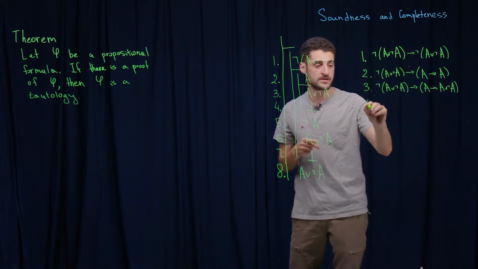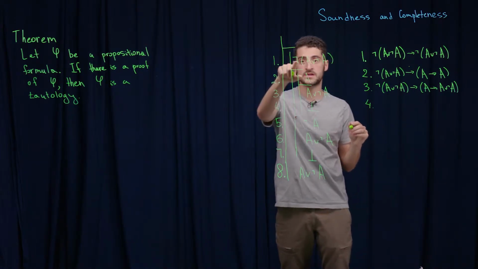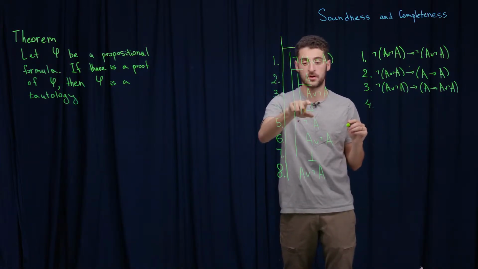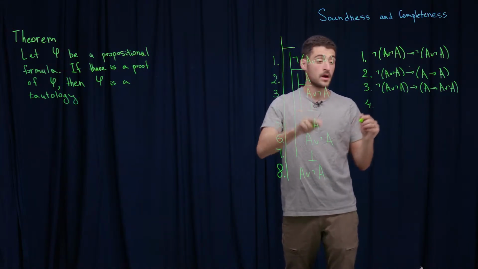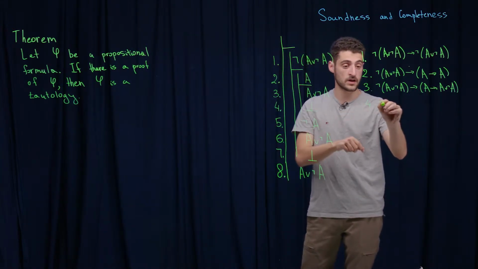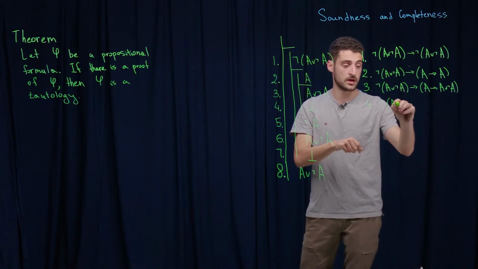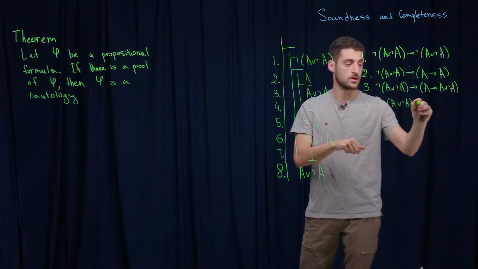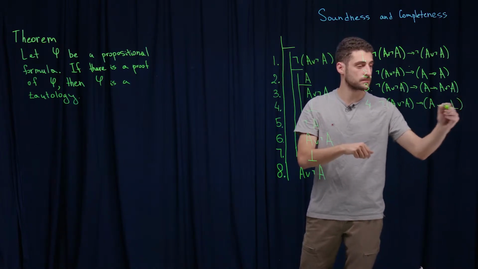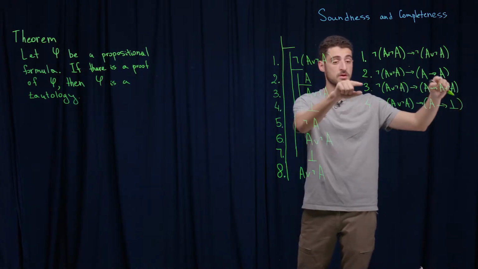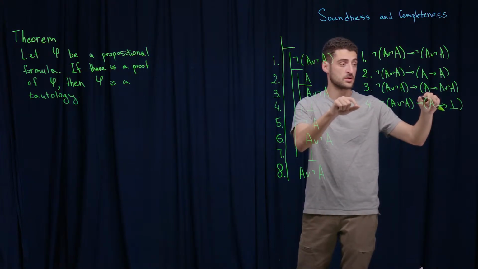After that, we have the first step. We concluded that under the assumption that A or not A is false and A is true, we get a contradiction. And we rewrite it like this. Under the assumption A or not A is not true, and under the assumption A, we get a contradiction. Note that this is also a tautology because the third one was a tautology.